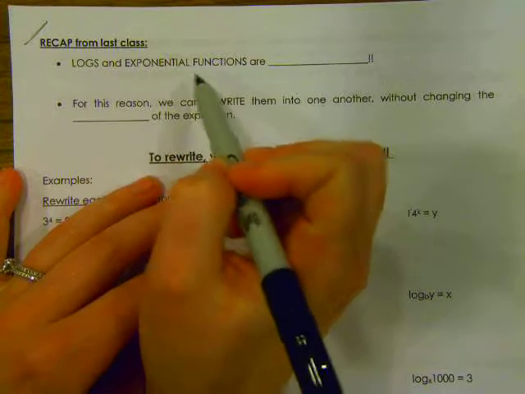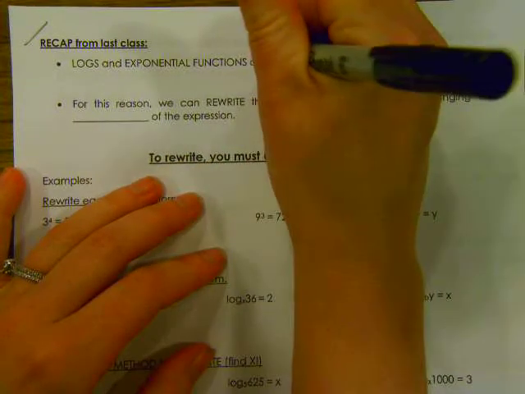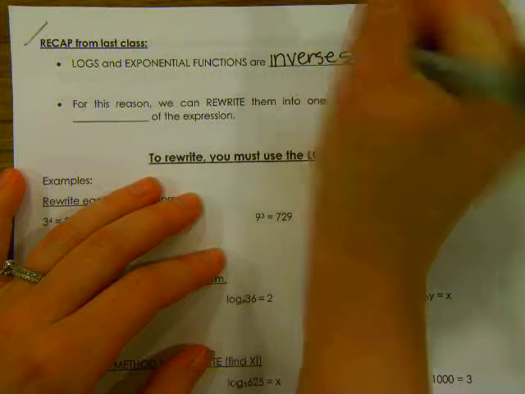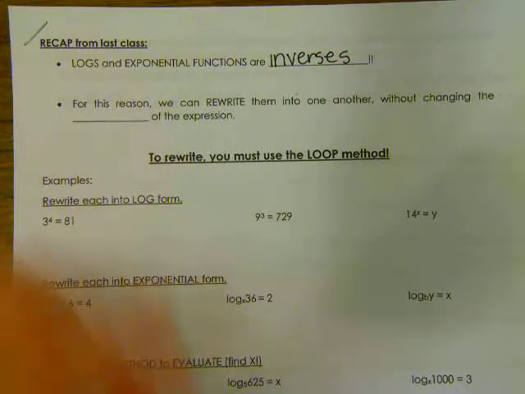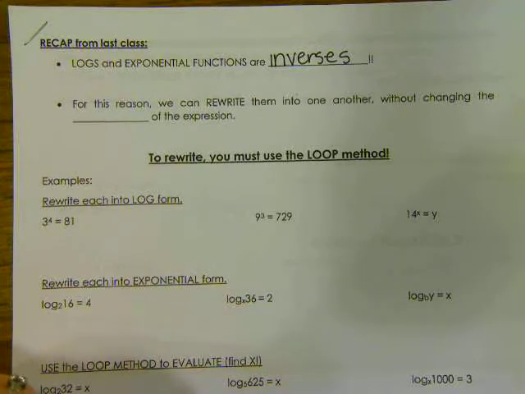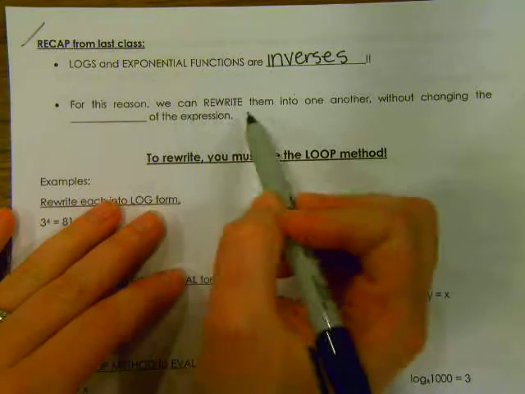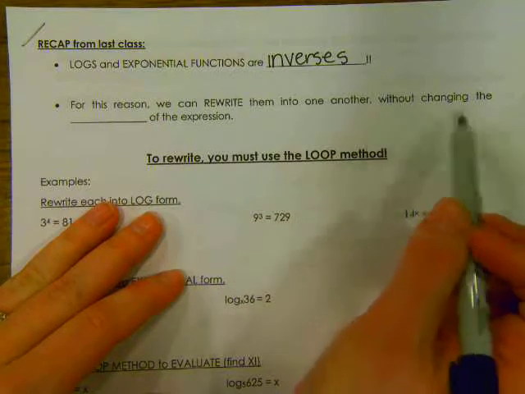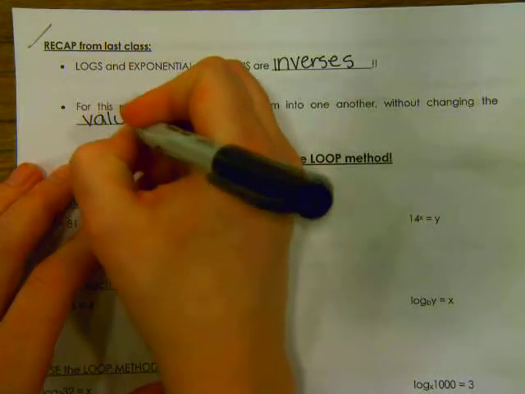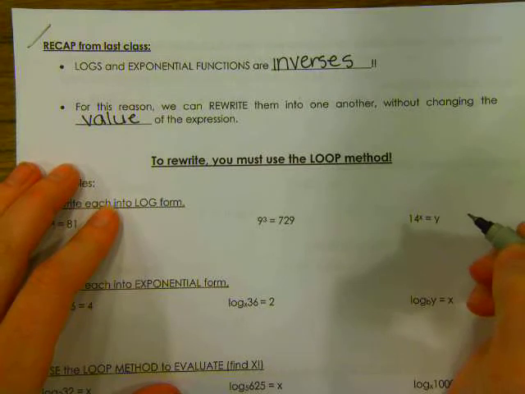So, as a reminder, logs and exponential functions are inverses of each other. Okay, that's how they're related. They are inverses of each other. So for this reason, we can write them into one another without changing the value of the expression. Okay?